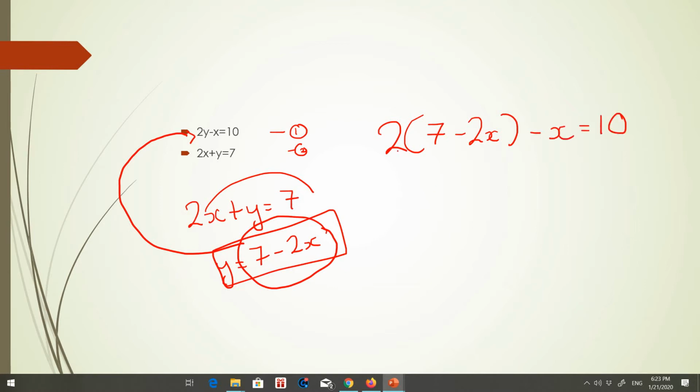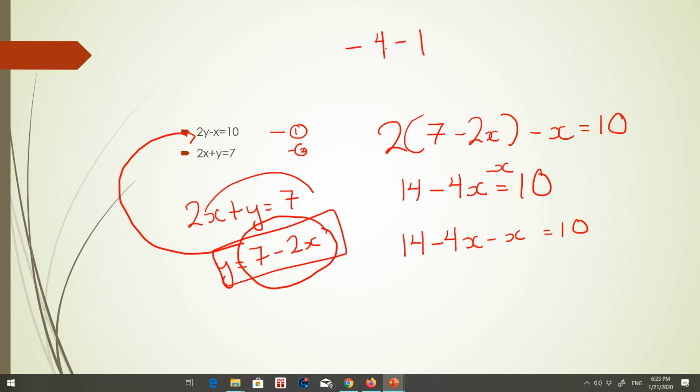So let's open the bracket. 2 times 7 is 14. 2 times 2x, so we have the minus 4x. And then we still have this minus x, let's not forget that. So 14 minus 4x minus x equals 10. Anytime you have a minus, for example minus 4 minus 1, we just add the two values together and then keep the minus.